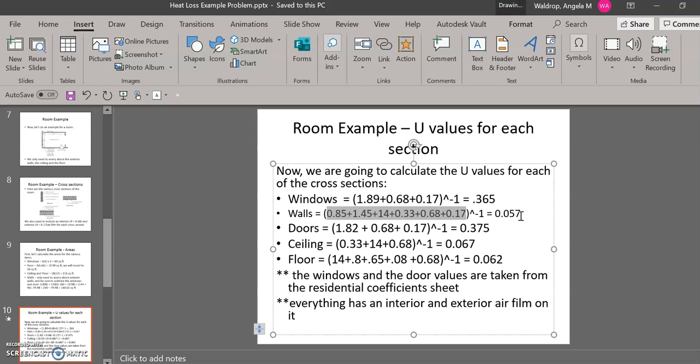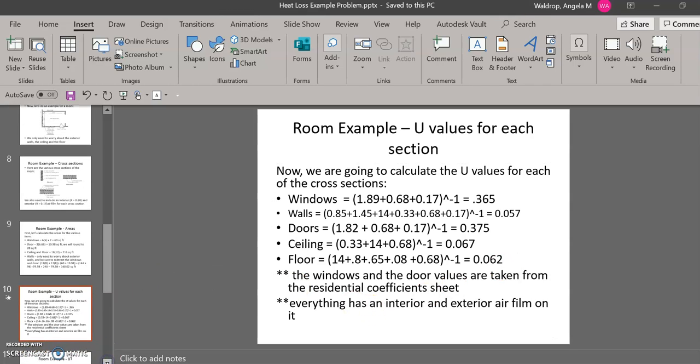And that gives us what we need for the doors. Again, this 1.82 came from the residential coefficient sheet, and I basically used the value for the door. Then we've got the ceiling values here, and we go ahead and calculate that out. And then we go ahead and calculate the value for the floor, and we end up with these numbers.